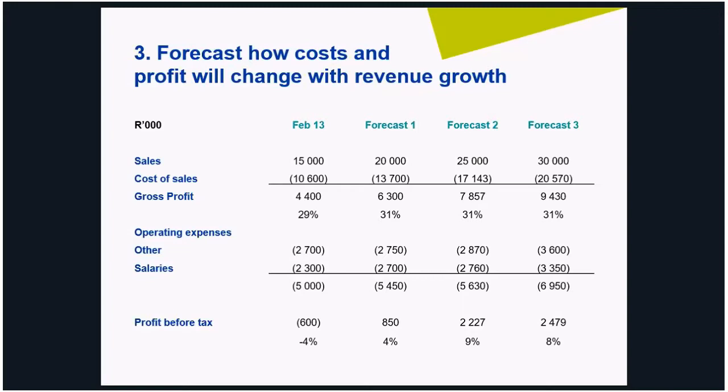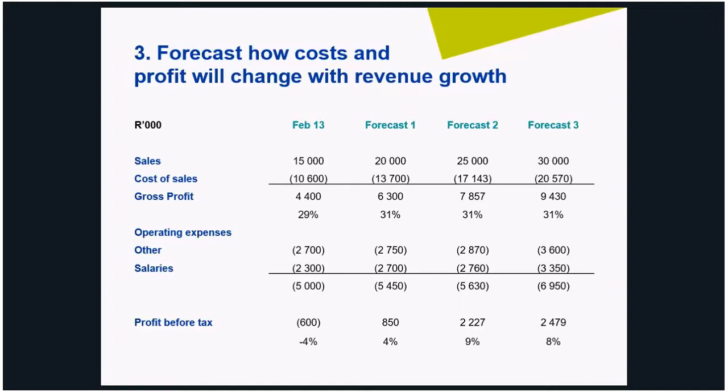Or is it a case that even if we grew the revenue, fixed costs would continue to grow, and as a result, we wouldn't make a lot of additional profit? If that was the case, then we needed to come back and address the operating cost structure of the business, as the business wouldn't be profitable with that operating cost structure. What we did was we looked at the growth in the revenue, we looked at how fixed costs would change, what additional staff resources we would need, any additional warehousing space or delivery vehicles, and we forecasted what those would be.